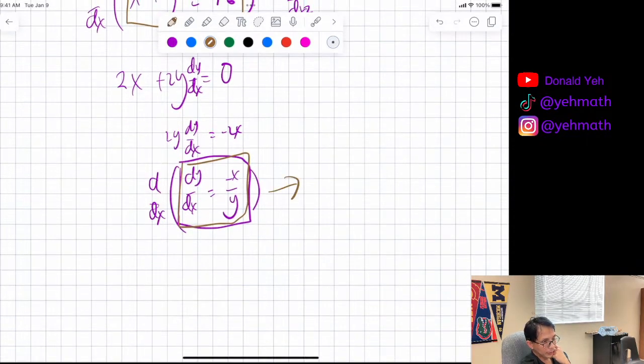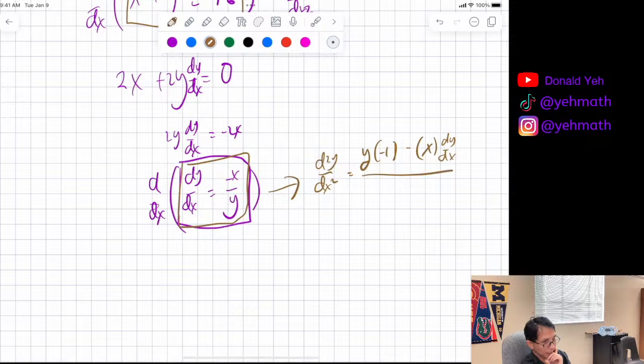How do I take the derivative of negative x over y? It's the quotient rule, right? Low d high minus high d low over low low.